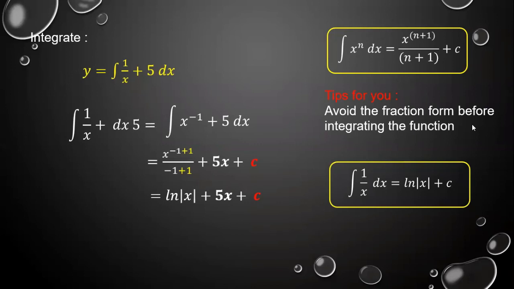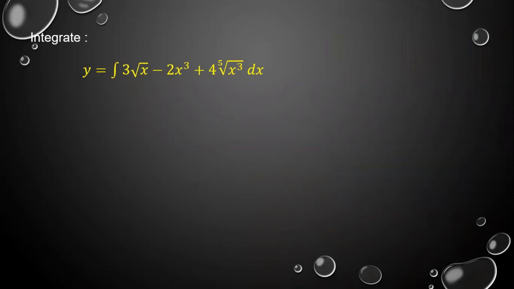Okay, the next example. Integrate the cube root of x minus 2x cubed plus 4 times the fifth root of x cubed, dx.